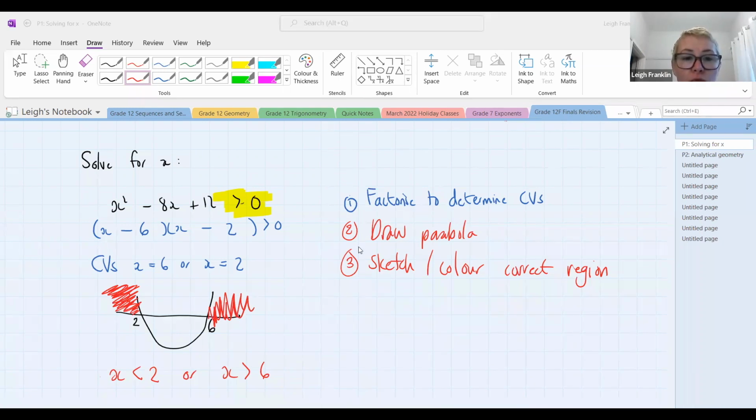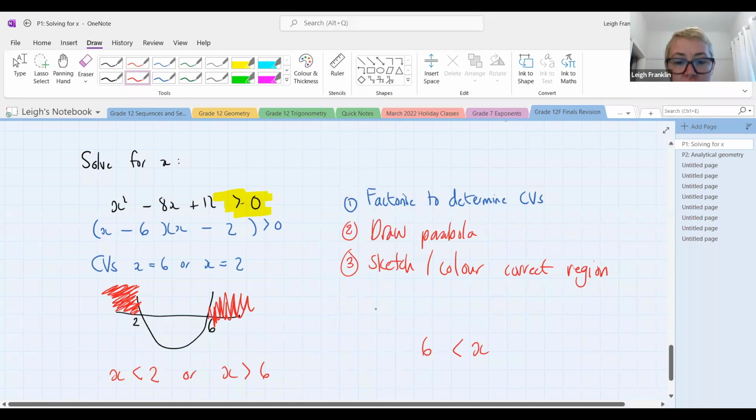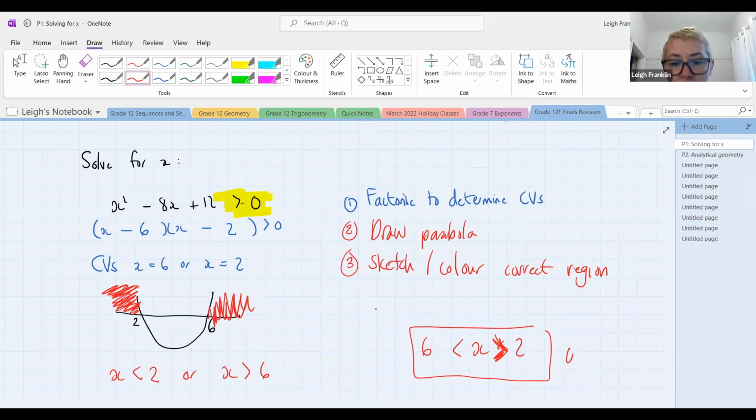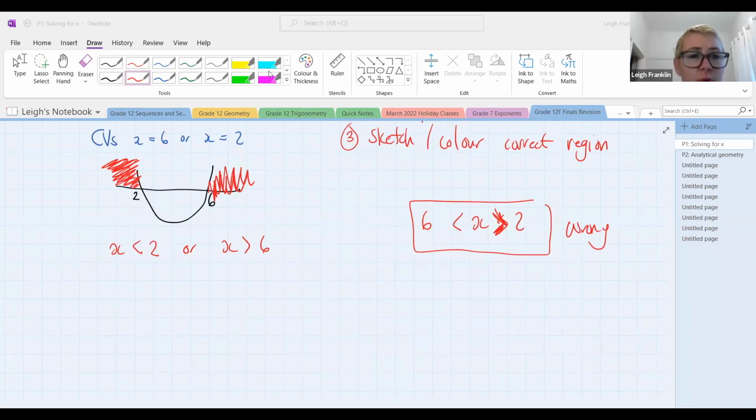You cannot write an inequality that way. So this is completely wrong. These are called compound inequalities, and the super weird thing with them is that in English, and most languages, we read from left to right.